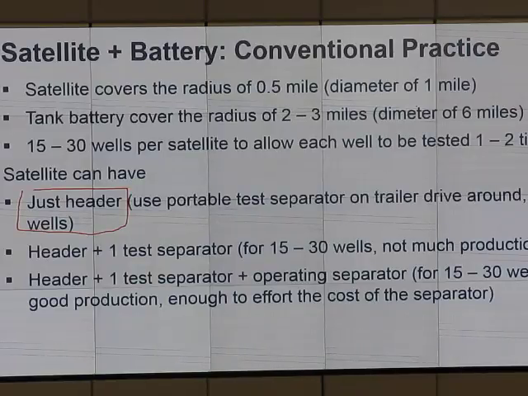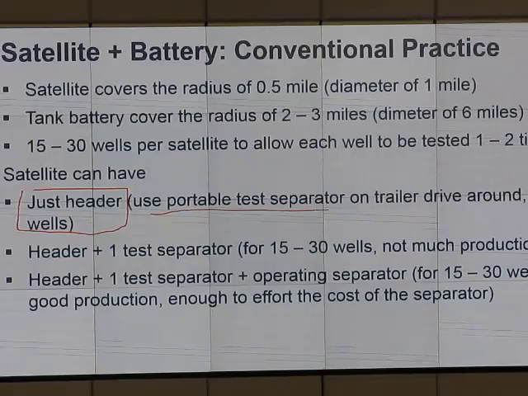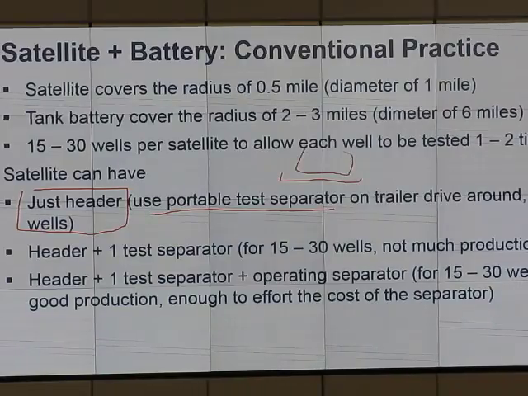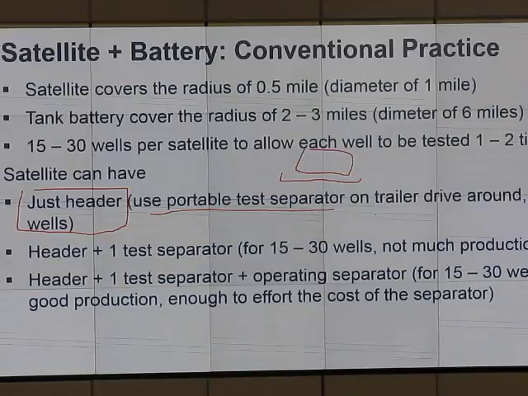But in that case, we cannot test each valve separately. So you have a header and a portable test separator on a trailer, and you drive around and test one by one. Each valve you can test at least 1 time per month to find out how much is water, how much solid, how much liquid.